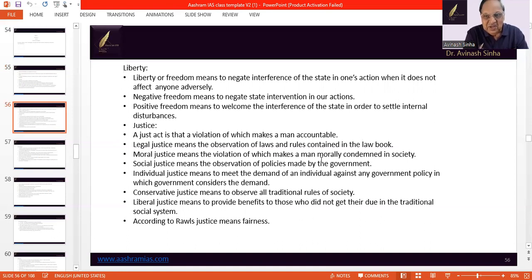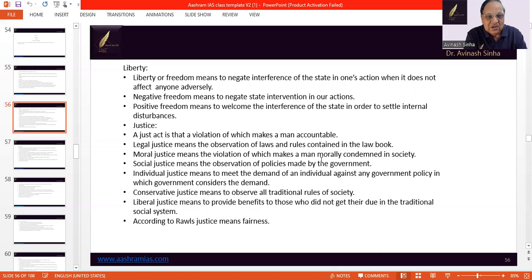Now let us come and see the other concept, liberty. Liberty or freedom means to negate interference of the state in one's action when it does not affect any other body adversely.